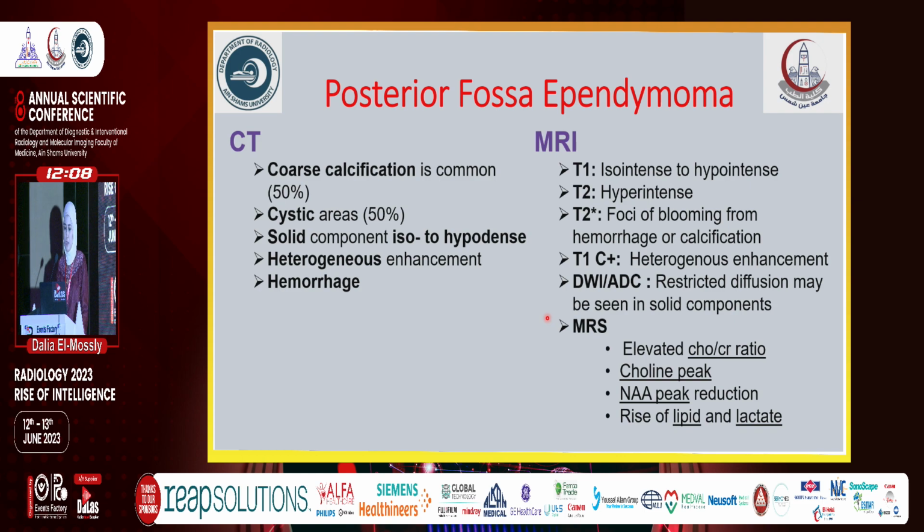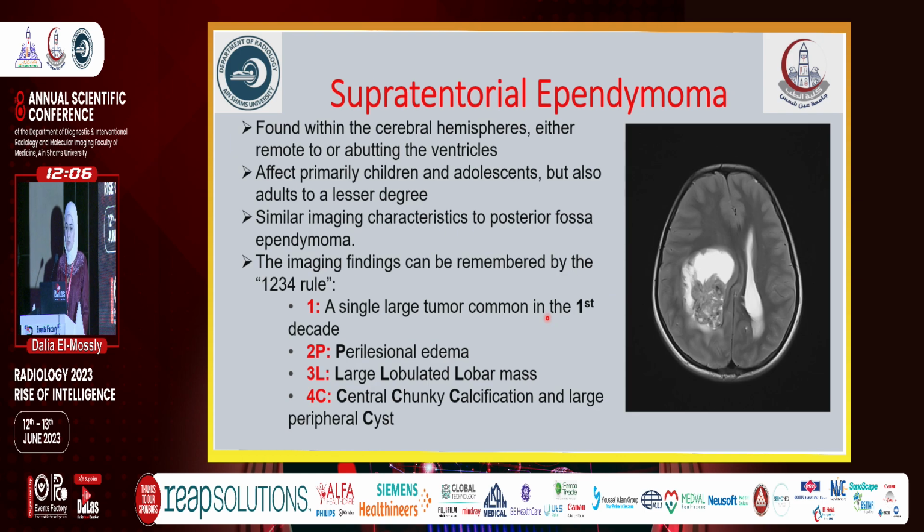of lipid and lactate. Supratentorial ependymoma is found within the cerebral hemispheres, either remote from or abutting the fourth ventricle. It has a similar characteristic appearance to posterior fossa ependymoma. Imaging findings can be remembered by the 1, 2, 3, 4 rule. 1: in the first decade. 2: perilesional edema. 3: large lobulated mass. 4: central chunky calcification with peripheral cysts.